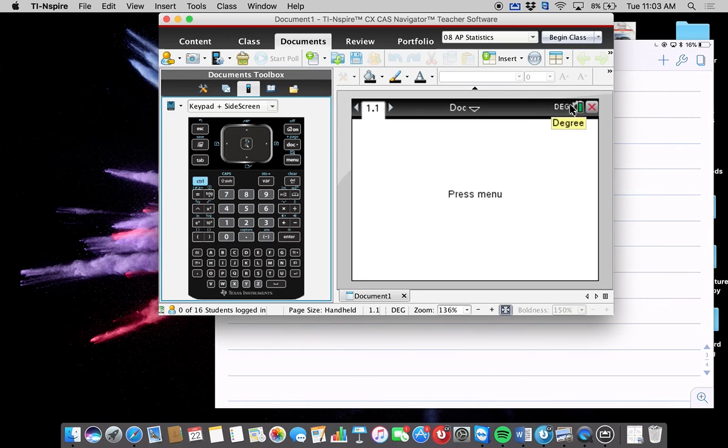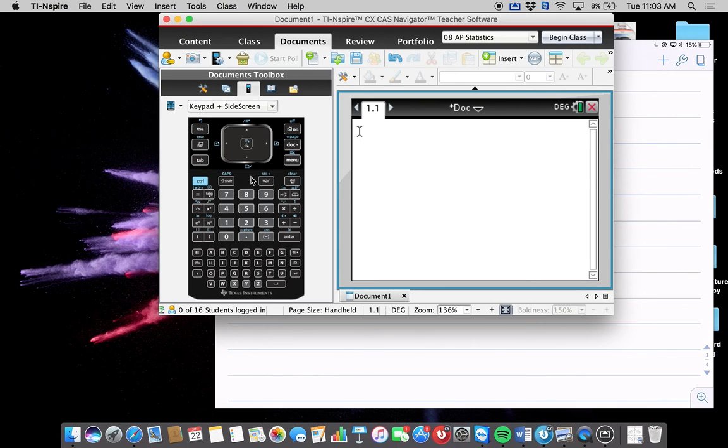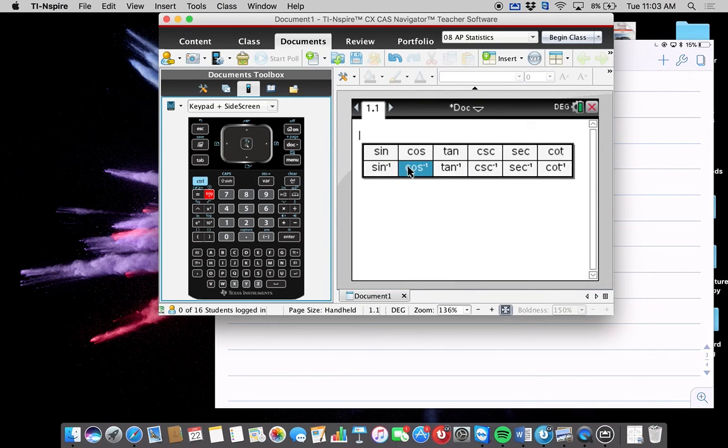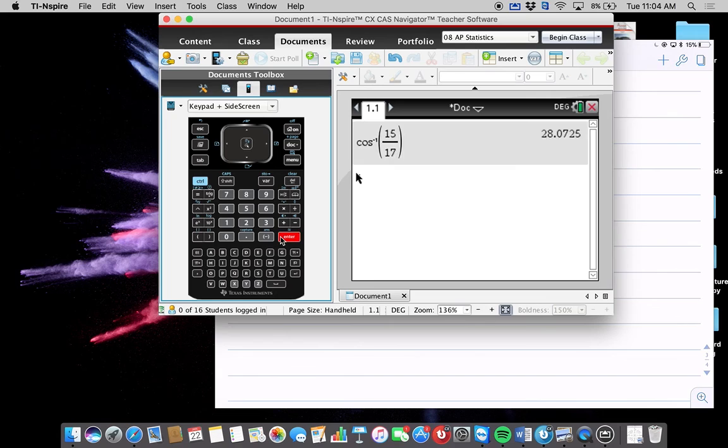Make sure you're working in degrees. Under the calculator page, go to the trig option menu, go to cosine, then type in your ratio, which is 15 over 17. Close your parentheses and press Control Enter to get your value.